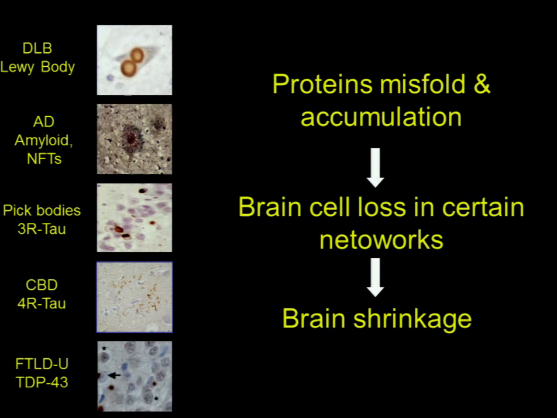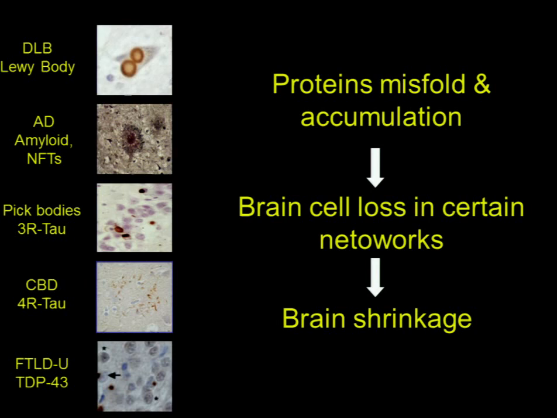This in turn, over a period usually of many years, causes the brain cells, the neurons, to break down in various networks here within the brain. And that leads in turn to brain shrinkage. And this whole process, in most of the neurodegenerative conditions, takes many, many years.